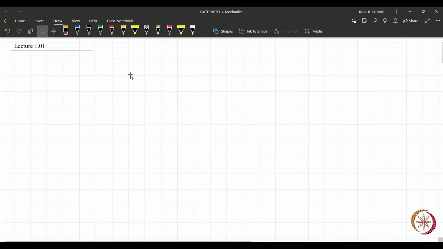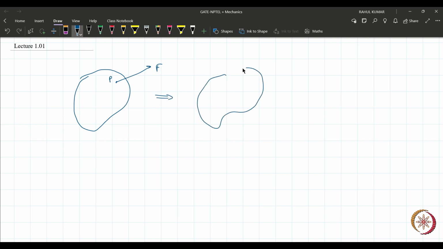Suppose there is an arbitrary body, and now we want to apply a force F at point P. The principle of transmissibility says that on the same arbitrary body we can apply the same amount of force at a different point, but the condition is that the line of action of force F must be the same.